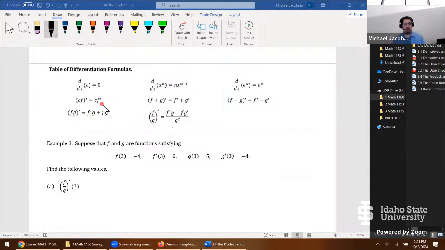You also have the constant multiple rule, derivative of a constant being 0. This one gets a ton of use, the power rule, and other great stuff like the derivative of the exponential. So I'd say it's a really good idea to have them memorized so you don't have to look them up each time. But in a real exam situation, if you just forgot, then this will be here to help us out. Other questions about that so far?